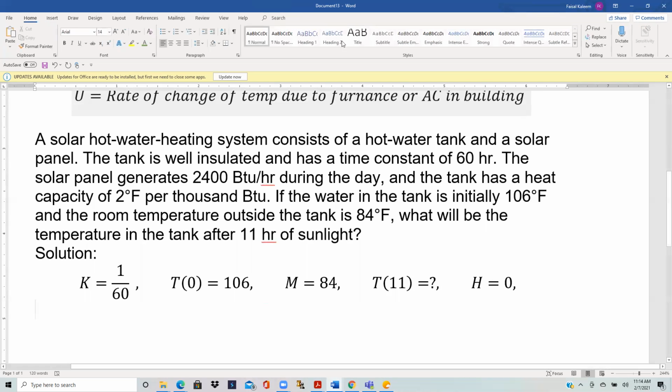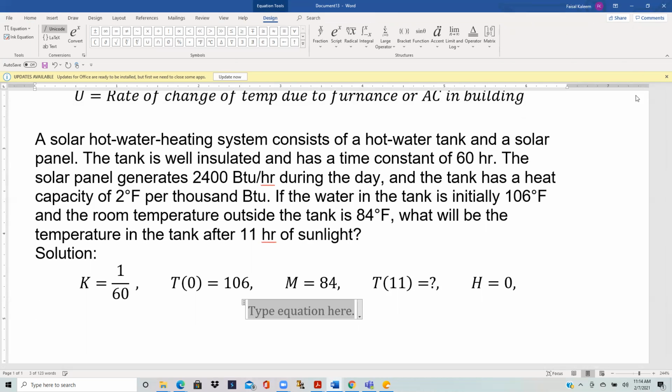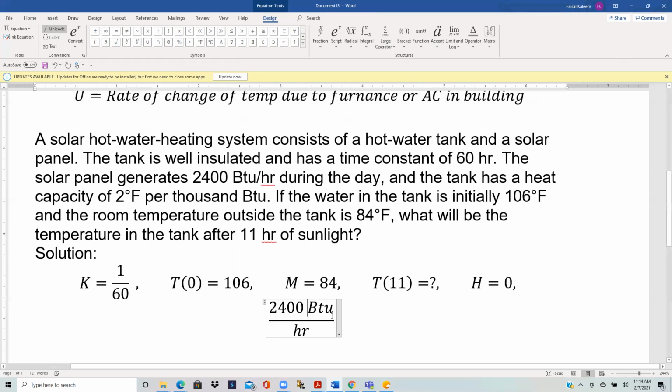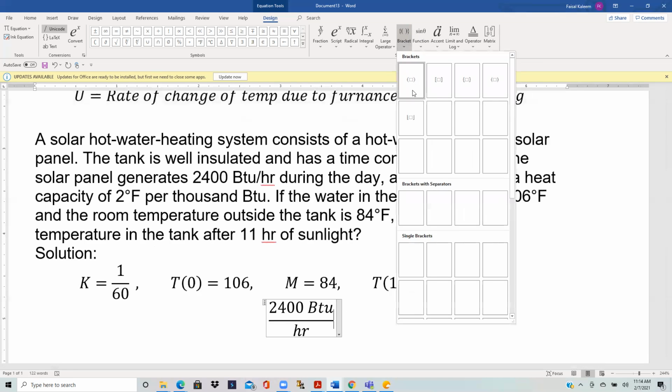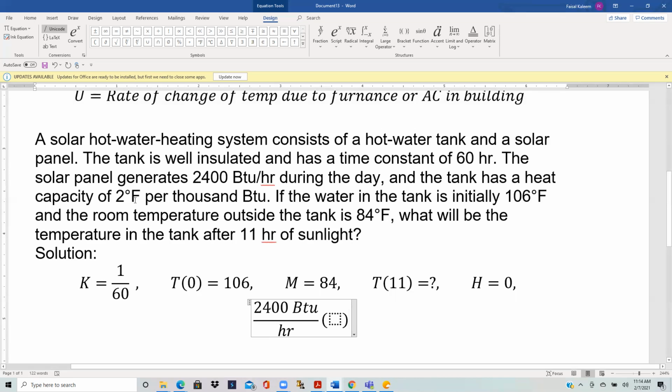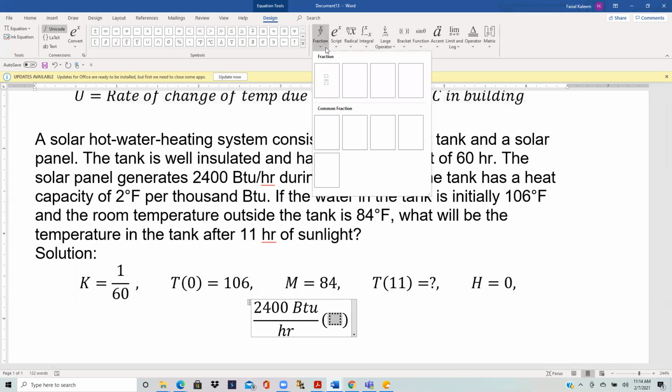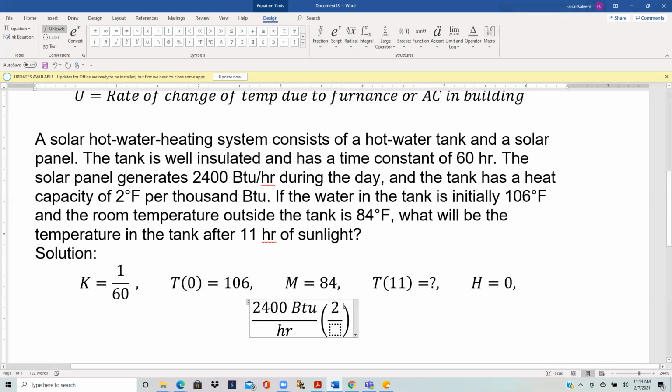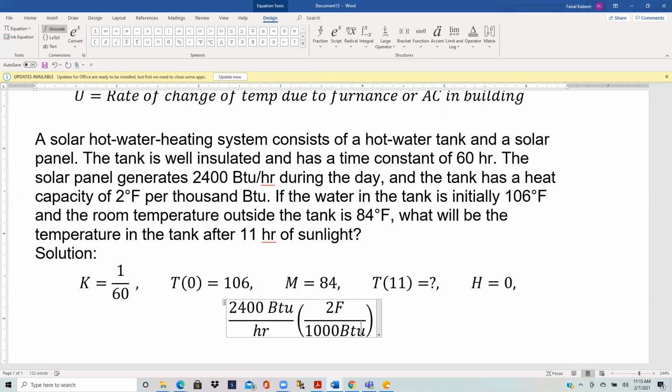So we have 2400 BTU per hour. So when that is multiplied with 2 Fahrenheit per 1000 BTU, so let's write it as a fraction, 2 Fahrenheit per 1000 BTU.